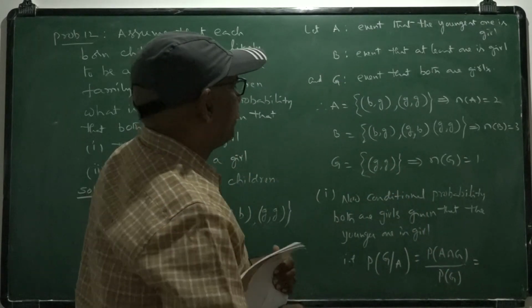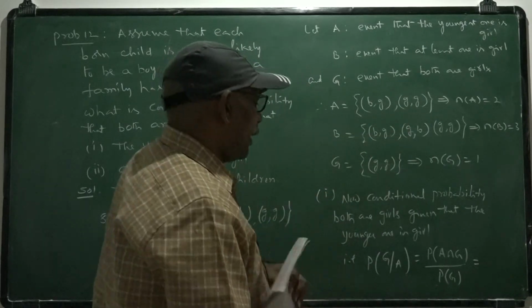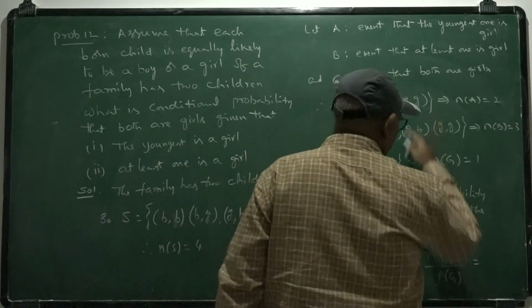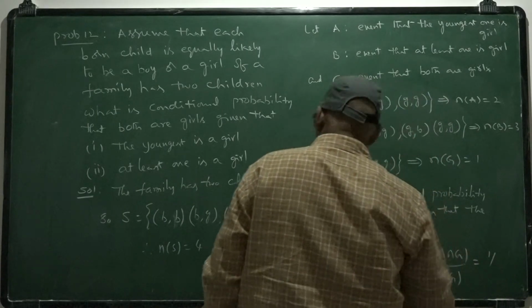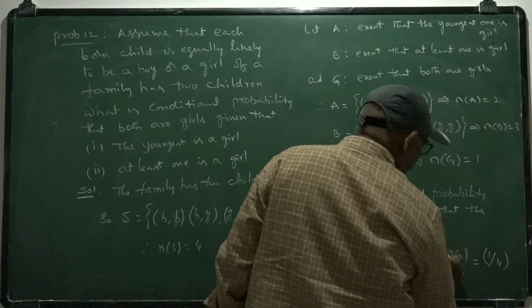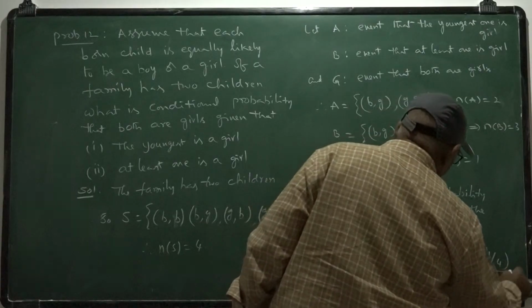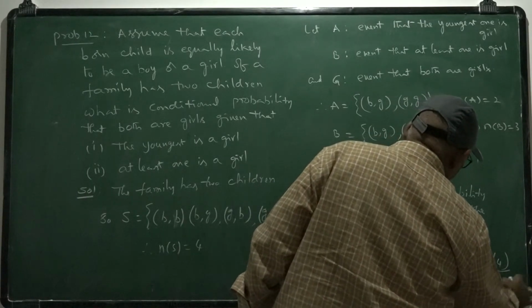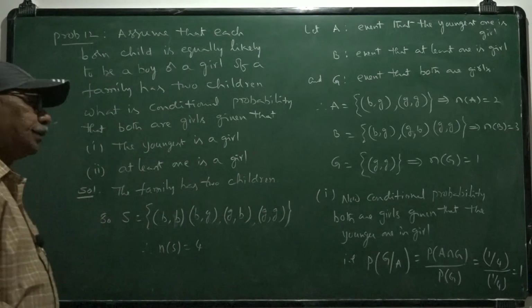A intersection G is 1 clearly. So this is 1 by the total n of S, which is 4, that is 1 by 4. This is the probability of A intersection G. By probability of G, this is also 1 by 4. So which gives us 1. So, certain event.